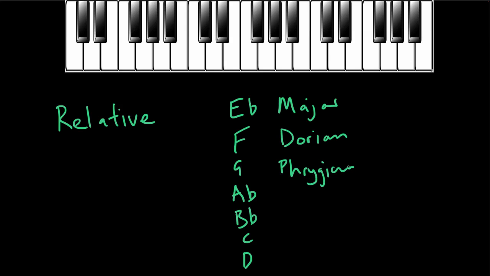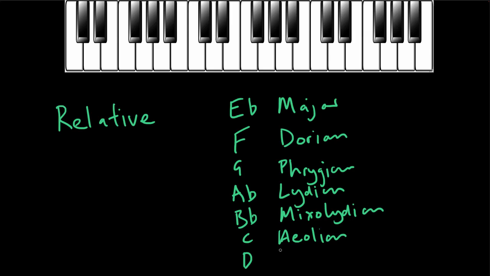A flat is going to be Lydian. B flat is going to be Mixolydian. C is going to be Aeolian. And D is going to be Locrian.